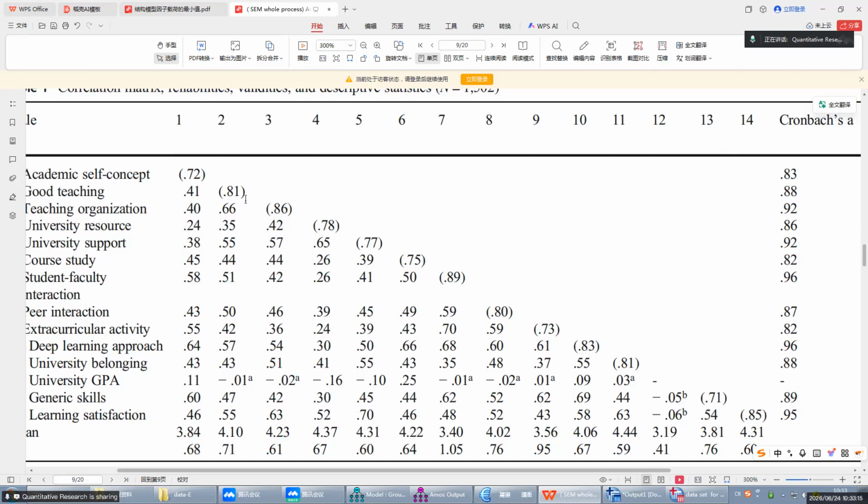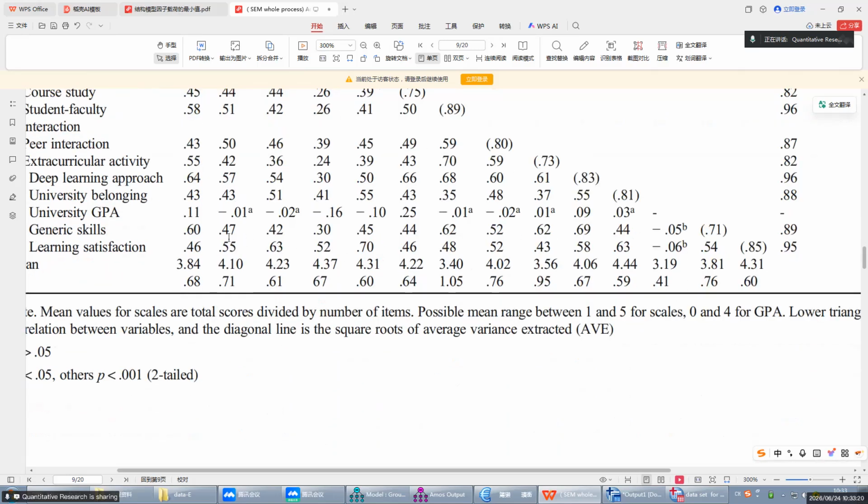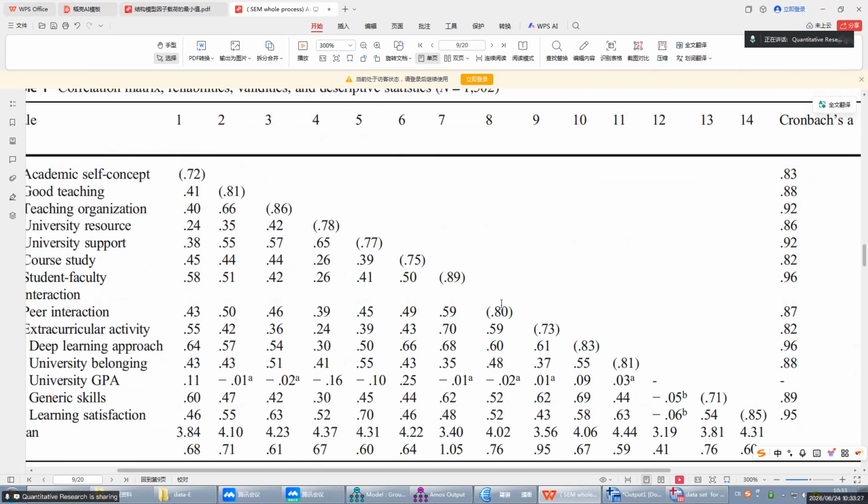This is the square root of AVE. Can you see here? The diagonal line is the square root of AVE. Why do we report square roots of AVE along the diagonal line? Because it's easy for us to compare the square roots of AVE with the intercorrelations, right?